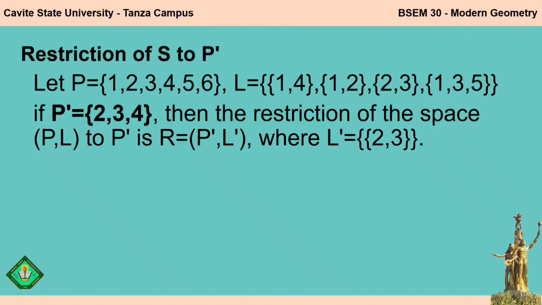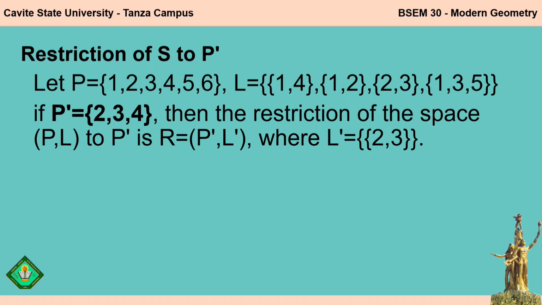Now, if you say, I only want to look at a smaller part of this space, or just the points 2, 3, 4, which pertains to your P prime, you're doing what's called a restriction. You're zooming in and focusing on a smaller set of points and asking which lines still exist if I only care about the points 2, 3, 4.